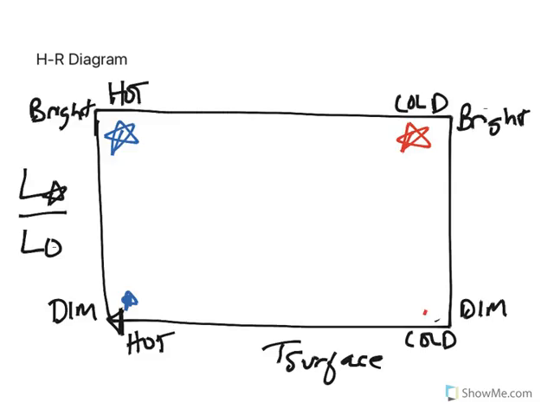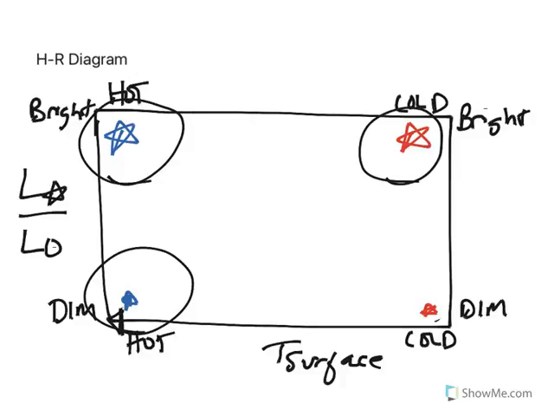The dim red star would appear down in the bottom right corner. So we have four general corners of the HR diagram. Hot, bright stars are in the upper left. Hot, dim stars are in the bottom left. Cold, bright stars are in the upper right. And cold, dim stars are in the bottom right.